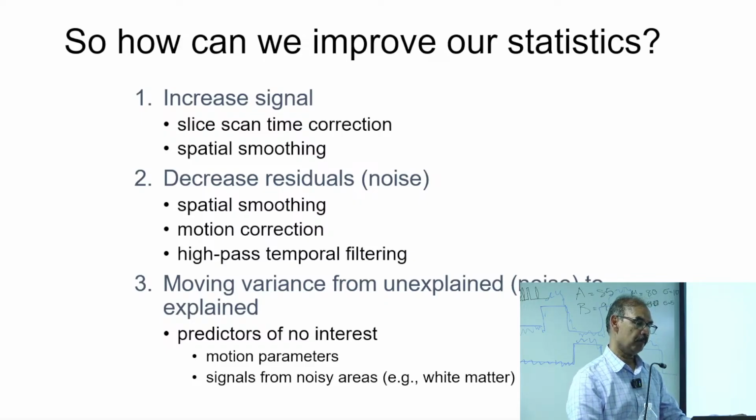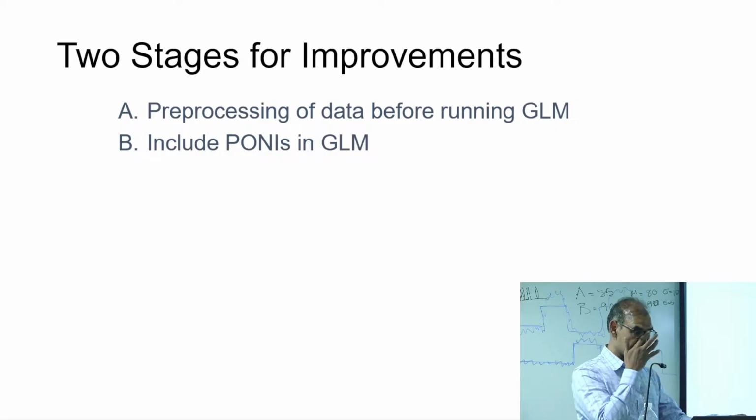So there are two ways as to how it can be done. One is pre-processing of data before running GLM. That is one way. The other way is to include these signals of no interest in GLM, right?